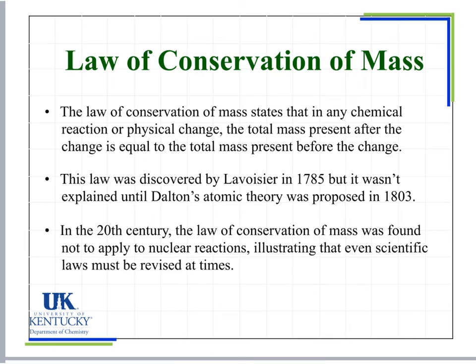So let's have an example to compare theory and law. As we said, a law is something which is always true. So let's talk about the law of conservation of mass. We know that in a chemical reaction or a physical change, the mass doesn't change. We cannot make or destroy mass. So the mass is always the same. That's a law, so it's true.